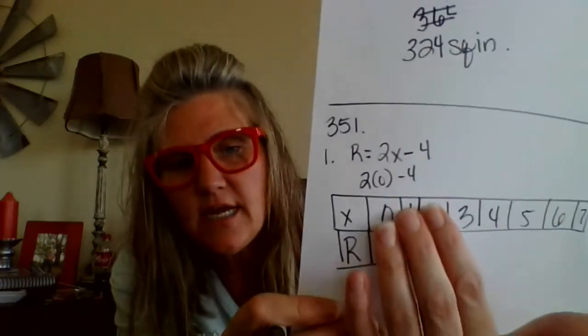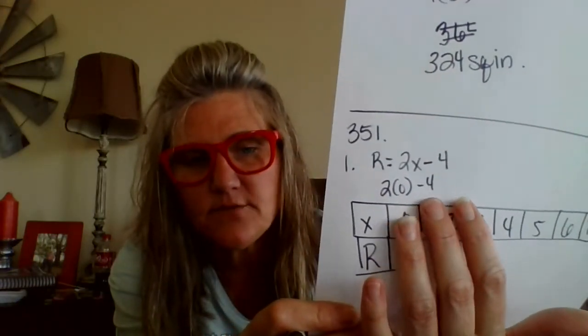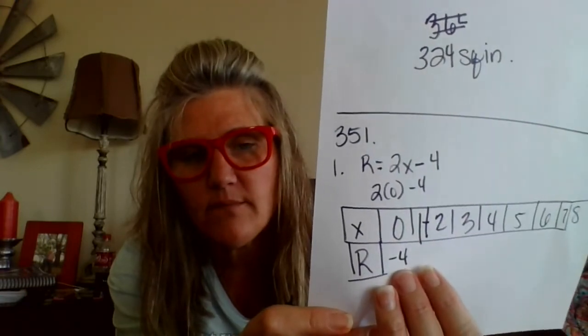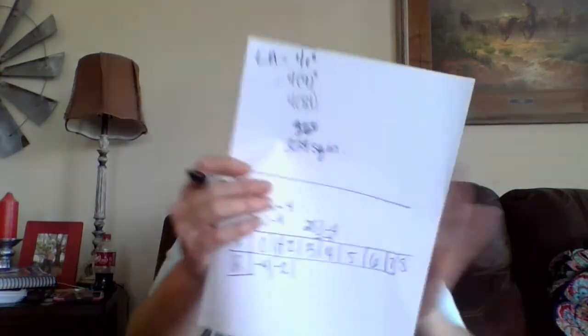So if you go 2 times 0 minus 4, well, that's going to give you a negative 4, because 2 times 0 is 0, minus 4 is a negative 4. Now let's plug 1 in where x is. 2 times 1 minus 4. Well, 2 times 1 is 2, 2 minus 4 is a negative 2.